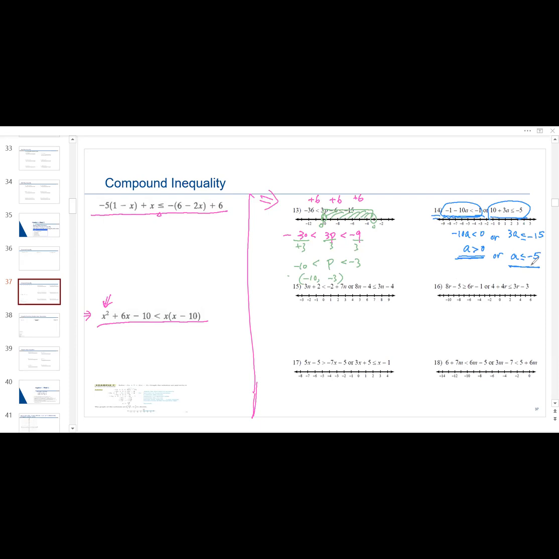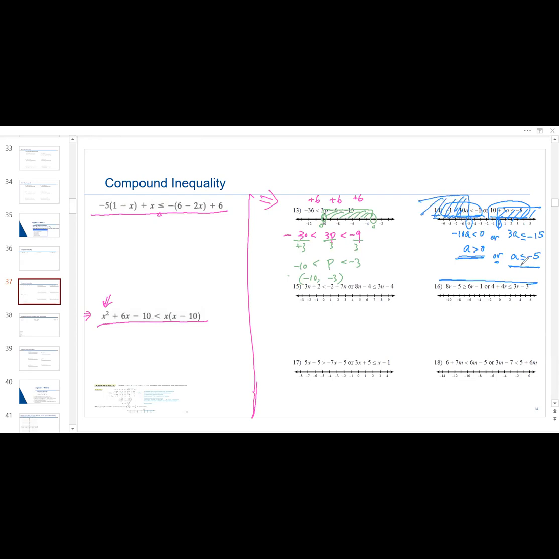So they have two different parts. Let's say this is "or", not "and". Okay, "or" means both sides. Here, a greater than 0 is this part, and a less than or equal to -5 is this part.